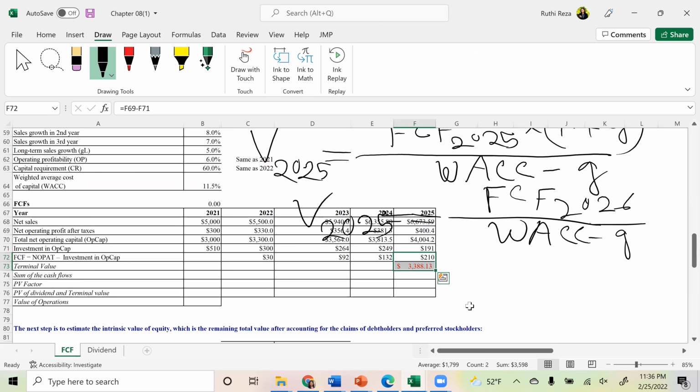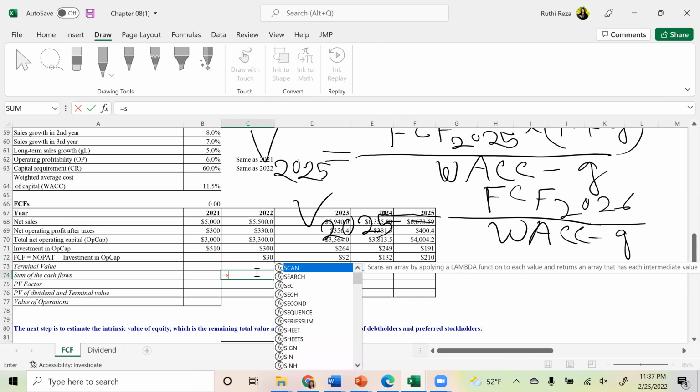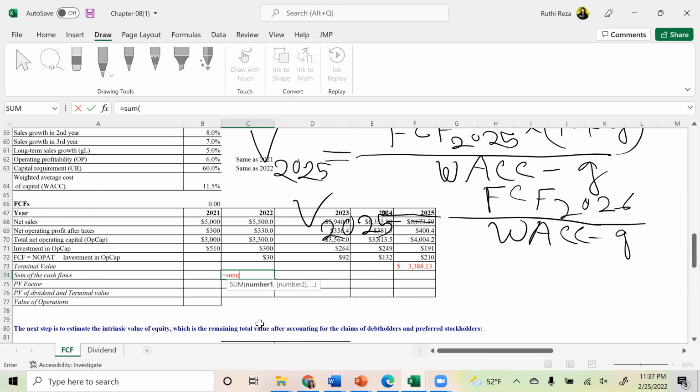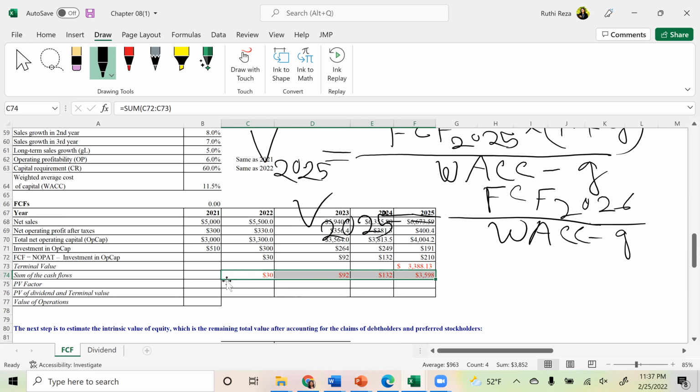In the year 2025, you have both free cash flow to the firm and terminal value. So sum of your cash flow should be the sum of free cash flow to the firm and terminal value. So equal sum of these two numbers. Let us drag it down for all the other years.